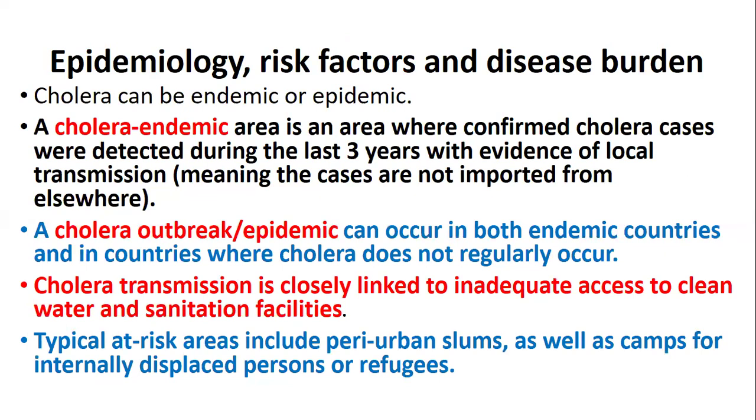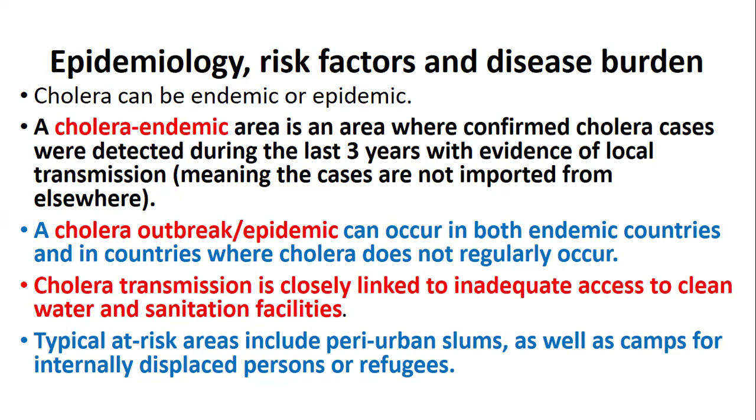They have developed from within, over at least the past 3 years. Or there could be a cholera outbreak, also known as an epidemic, which can occur both in endemic countries or areas and in areas or countries where cholera does not regularly occur.